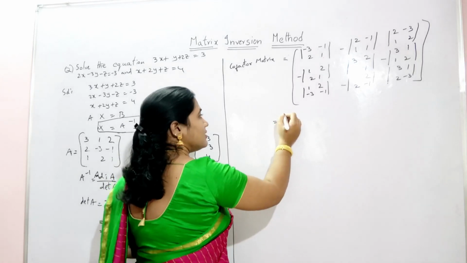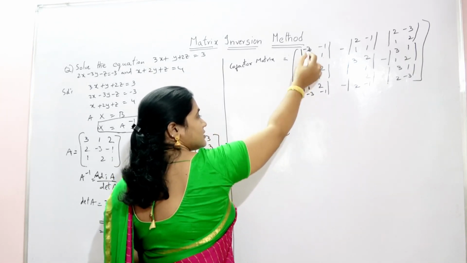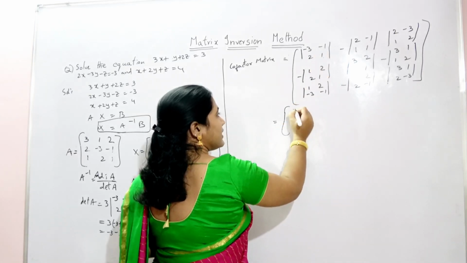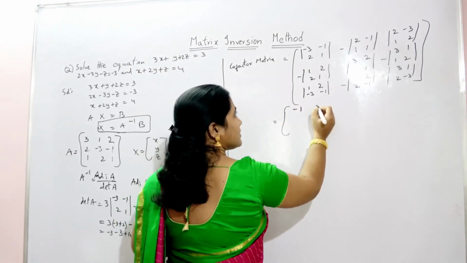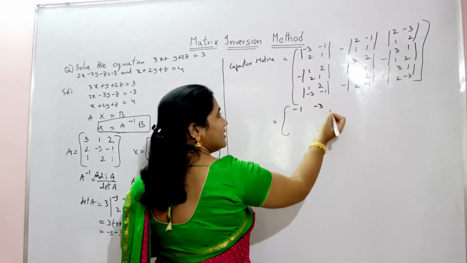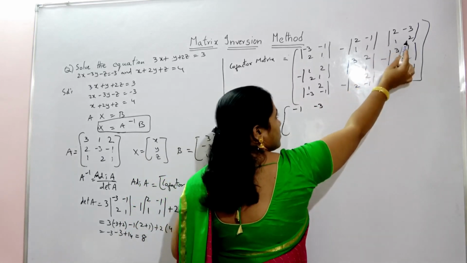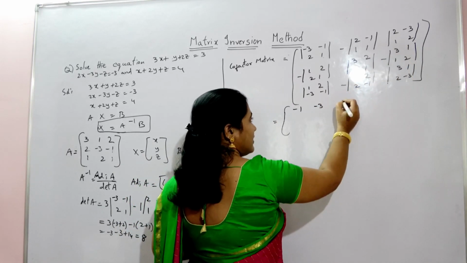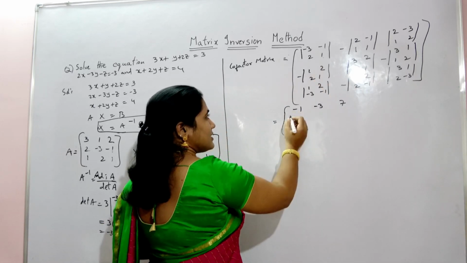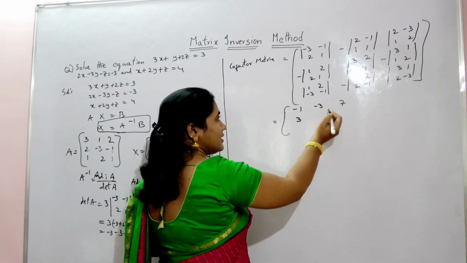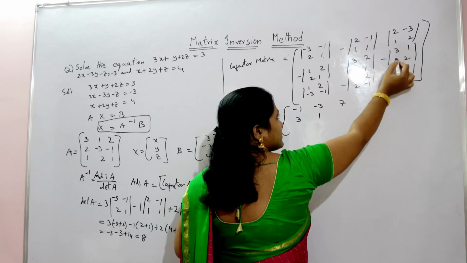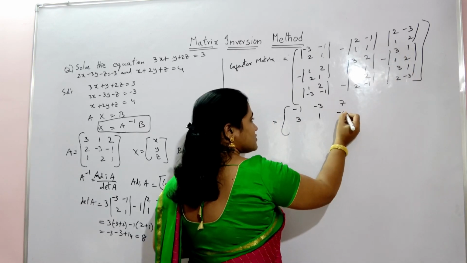So now find the cofactors. So -3 plus 2, -1, and this is 2 plus 1, 3. So -3, and 2 is 4, 4 plus 3, 7. The second one: -4, -3 into -1, plus 3, 3 minus 2, 1, and 3 times 2 is 6, 6 minus 1, 5, so -5.